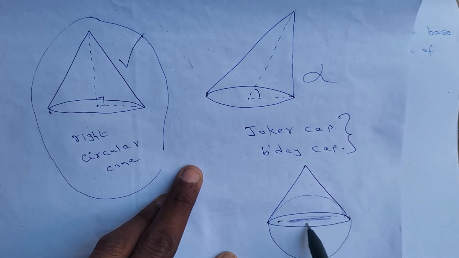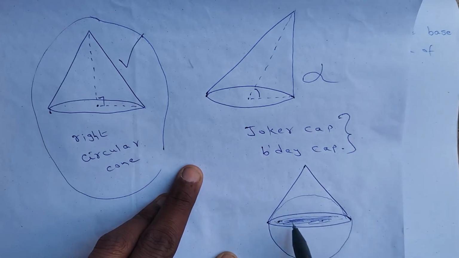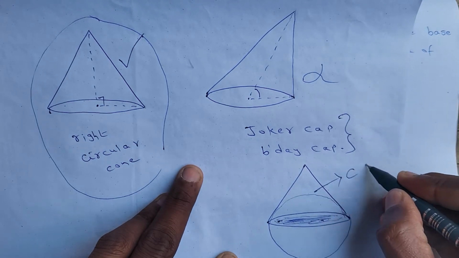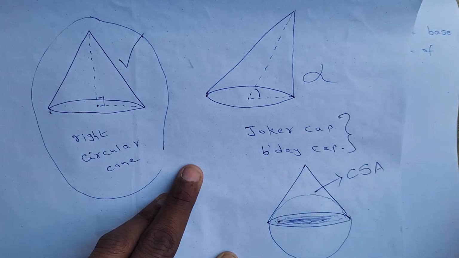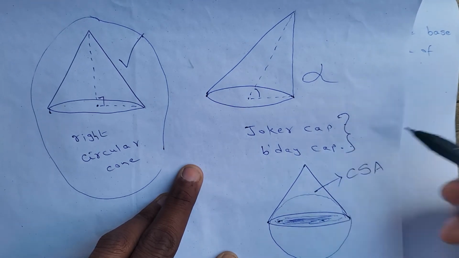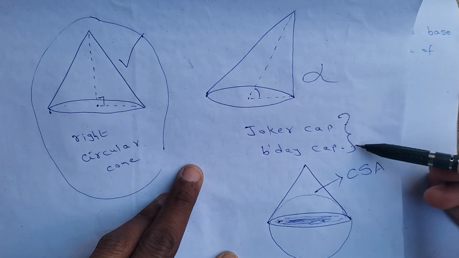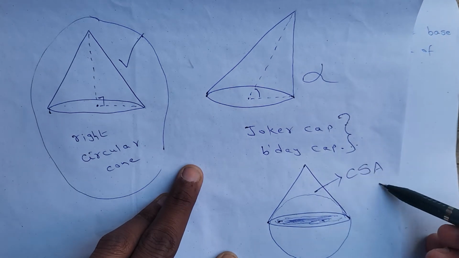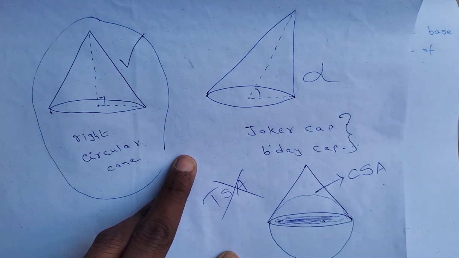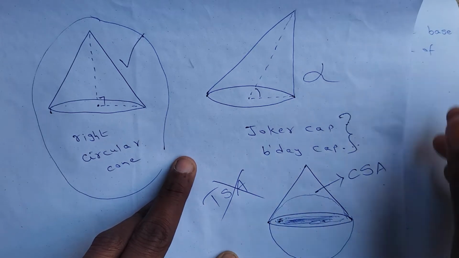So as this part is open, we are going to find curved surface area only, whether it is a joker cap or a birthday cap, not total surface area, because the bottom of the cap is always open so that we can keep our head into the cap.